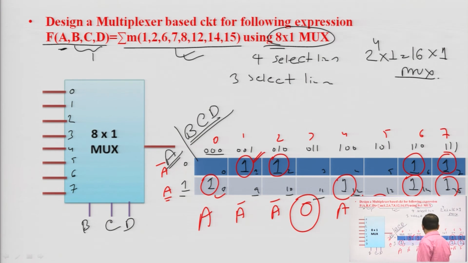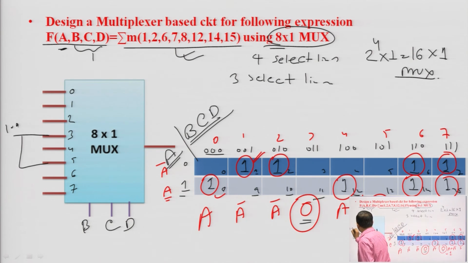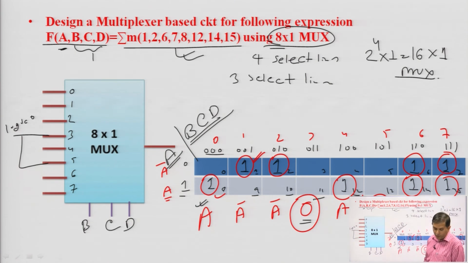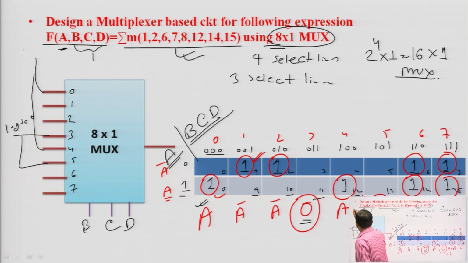So, first of all we will put 3 and 5 as logic 0. Now, A is for 0 and 4, 0 and 4 are having A. So, we will put 0 and 4 as A.